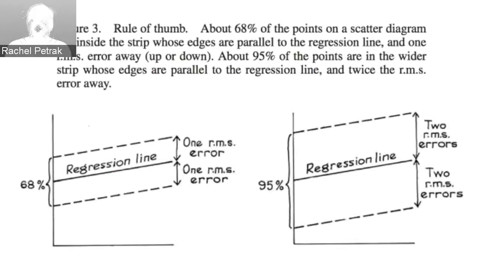As you can see about the line, within one error term above and one error below, you've got 68% of the points, and within two RMS errors above and below the line, we've got 95% of our points. And this corresponds directly to the proportions or percentages that we see when we are looking at a normal distribution and using the standard scale or the z-scale.